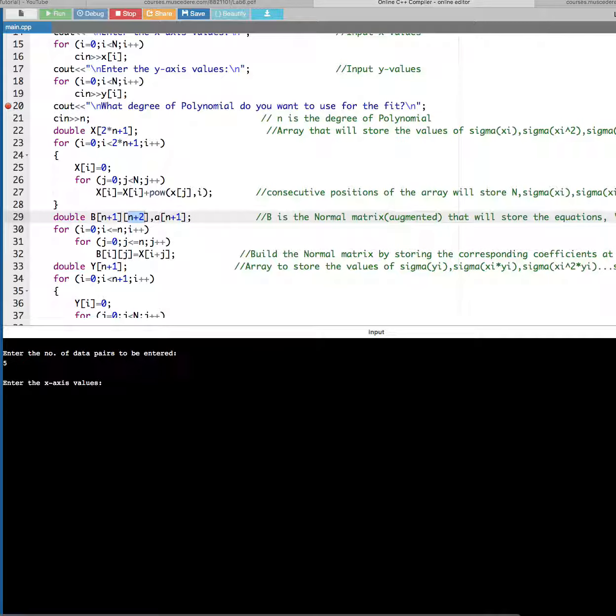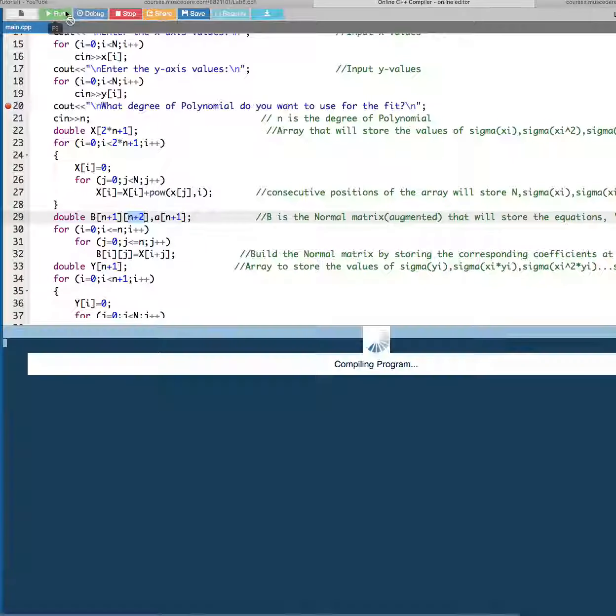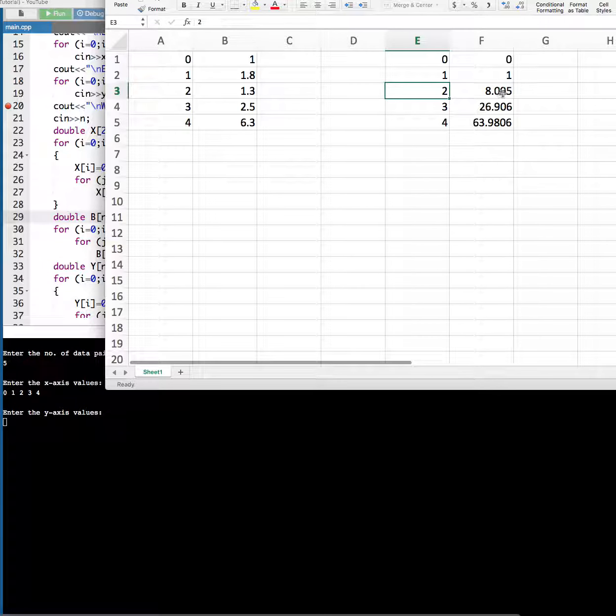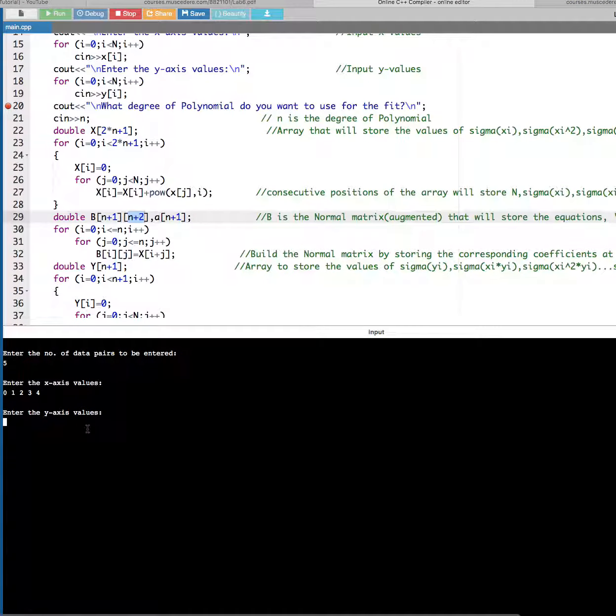Let's put the x values 0, 1, 2, 3, 4, and let's just put the first values alone: 1, 8, 26, 63 or 64. It's lagging right here. Let me try one more time.